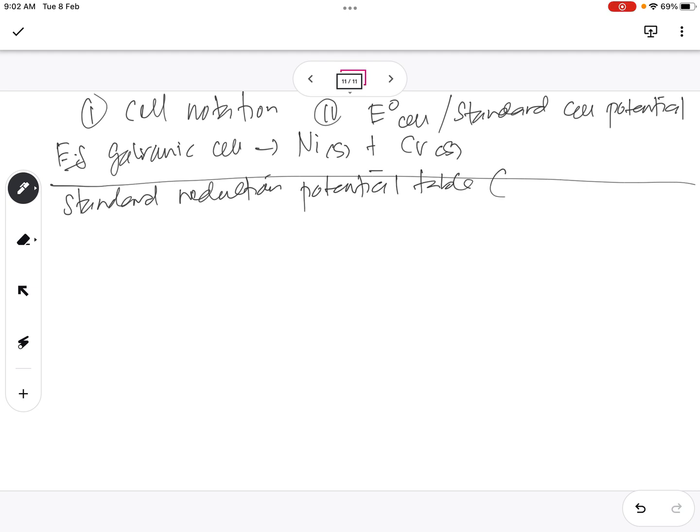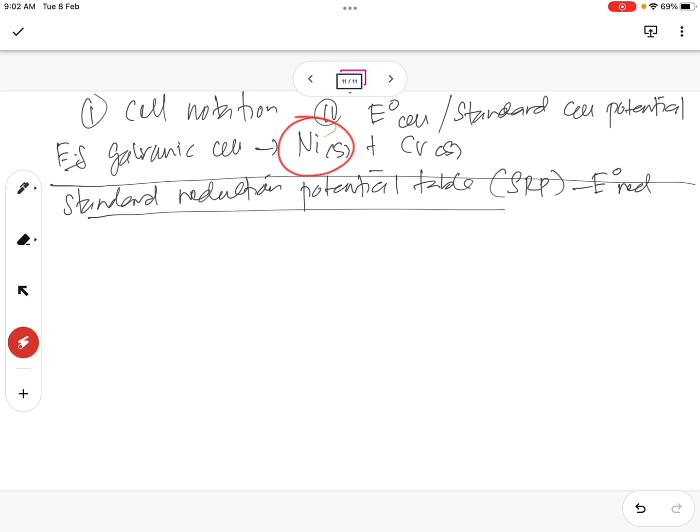From now onwards I will use a short form, SRP table, standard reduction potential table, and find the value of E naught reduction for nickel and chromium. Okay, that's the first step.